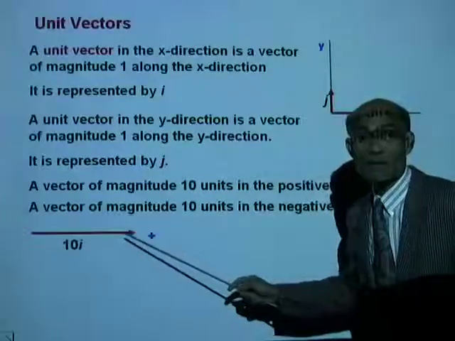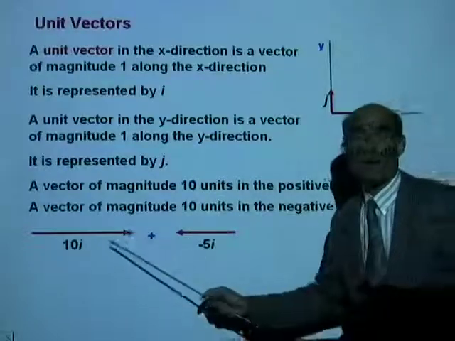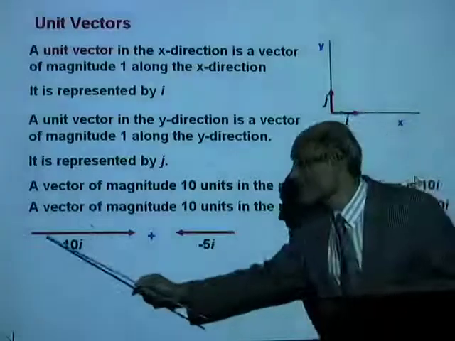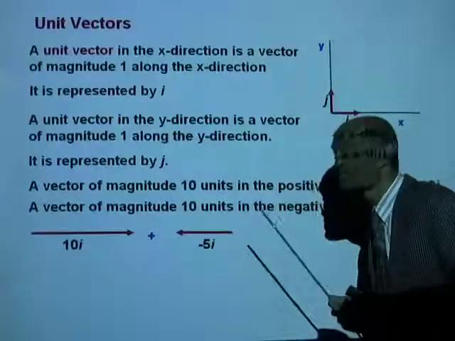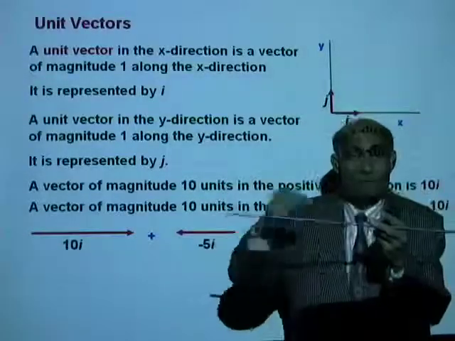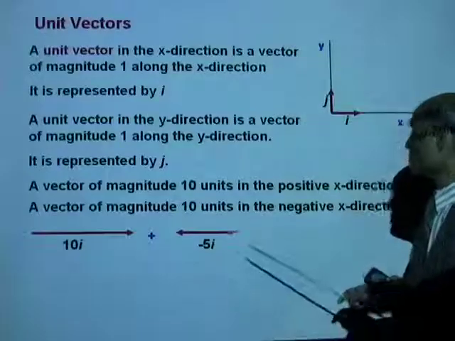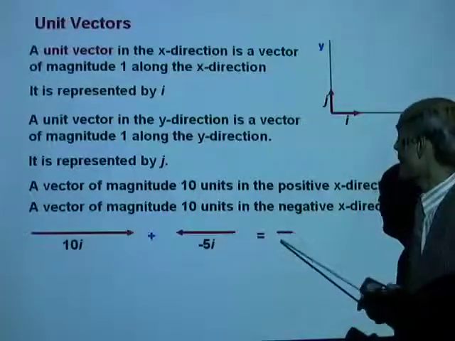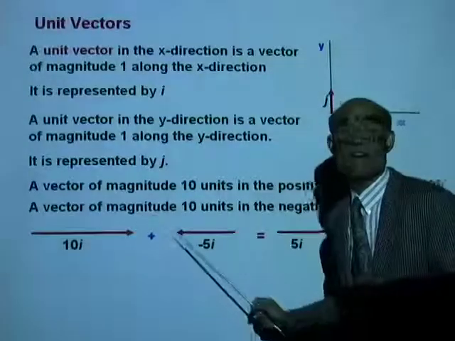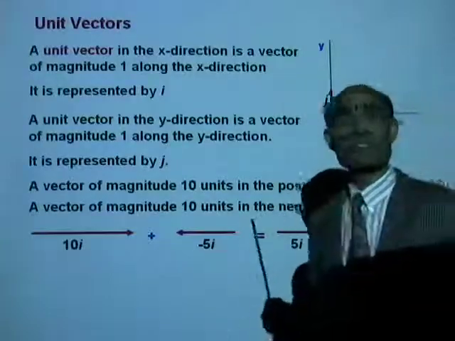So 10i added to negative 5i. What is the sum of these two vectors? It's very simple to add because their directions are along the x-axis. This will give you a positive 5i.